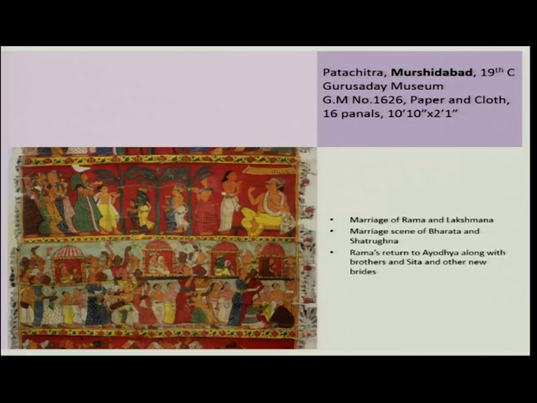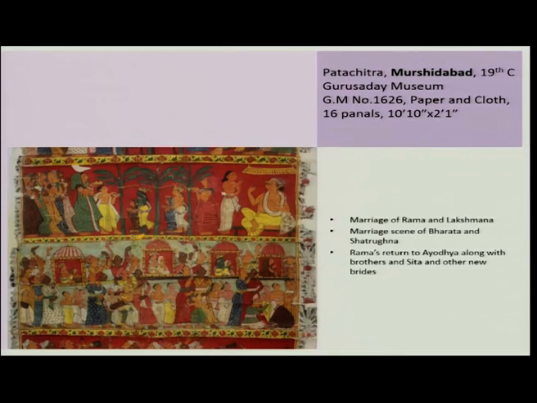So there is perhaps some influence from that side which has come through the court painters, and that gave it this kind of sophistication. Also, in the border of the painting we see that things are much more naturalistic and idealistic as compared to the Patachitras of the same subject that we have seen from Birbhum and Midnapur previously.